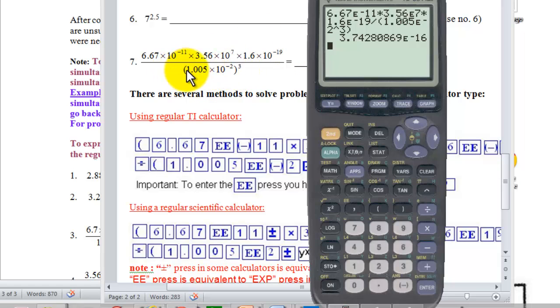You'll take 1.005 times 10 to the negative 2 and raise it to the power 3 and write the answer. And now after that, you can divide the numerator by the denominator. So you'll do it in two steps, and that's fine. In that case, you don't have to worry about parentheses, and that's what I recommend actually. You should get this answer, 3.74 times 10 to the negative 16.